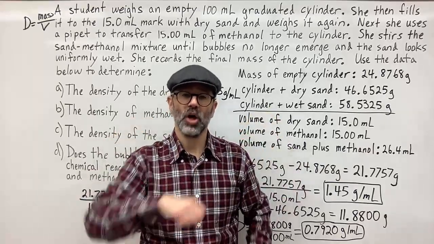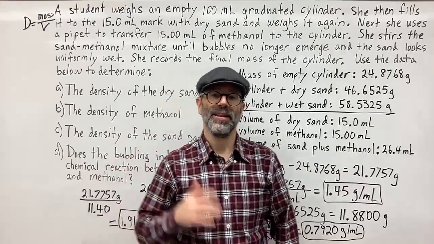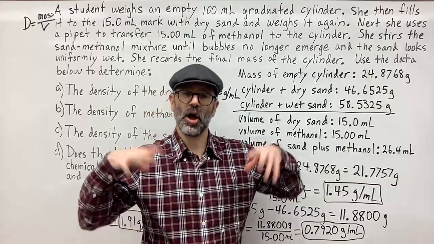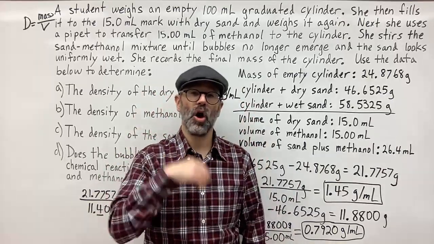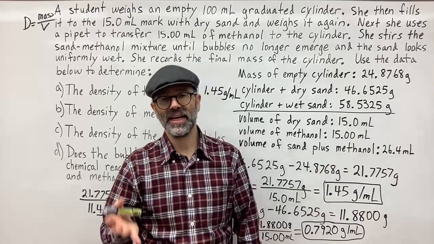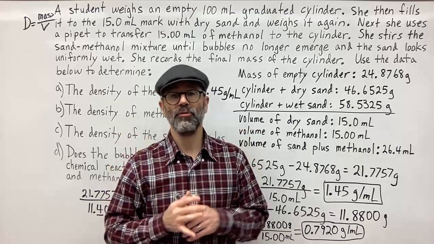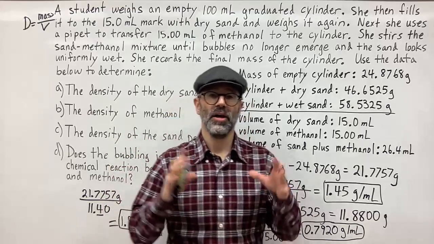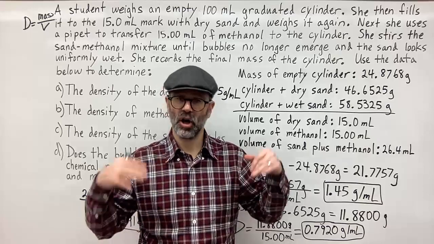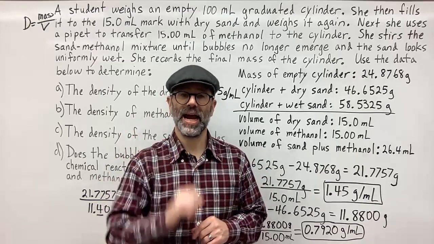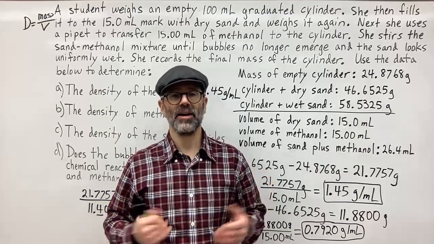So when you're stirring it, the bubbles don't indicate a chemical reaction. They indicate that the methanol is pushing the air out, and the bubbles are just the air coming out. And you don't want the air in there because, again, you want to figure out accurately what the volume of the particles themselves is. In order to do that, you need the methanol to pull out all the air and not let the air take up any volume. And that's the answer to that question.